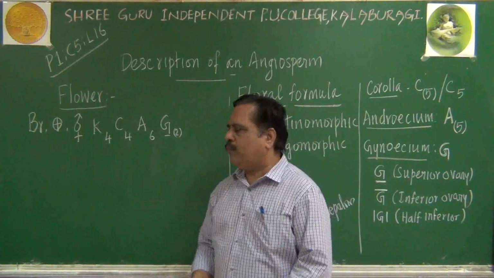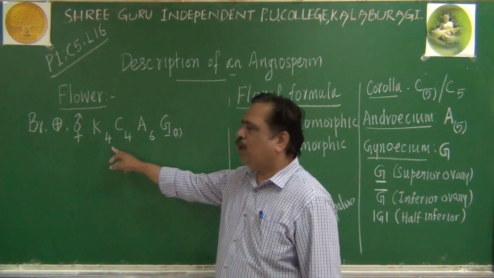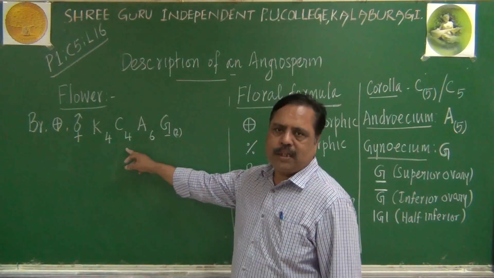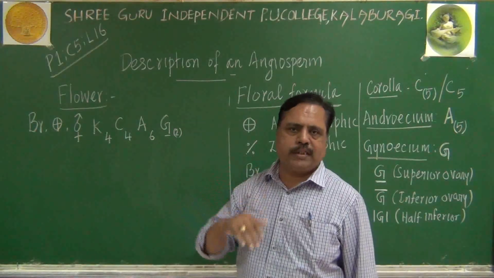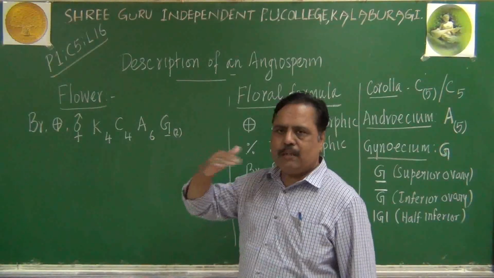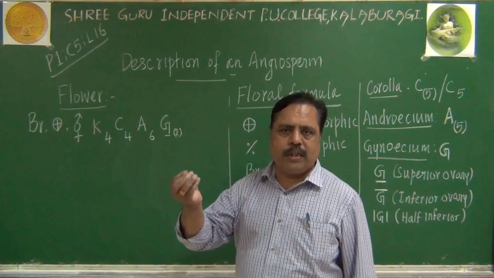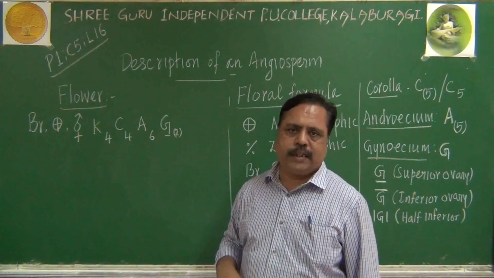From the floral formula, what are the things we can understand? We can come to know how many sepals are there, how many petals are there, what type of ovary is there. This is superior ovary because other floral parts are below it. Or the flower is said to be hypogynous flower, like that we can tell in this case.